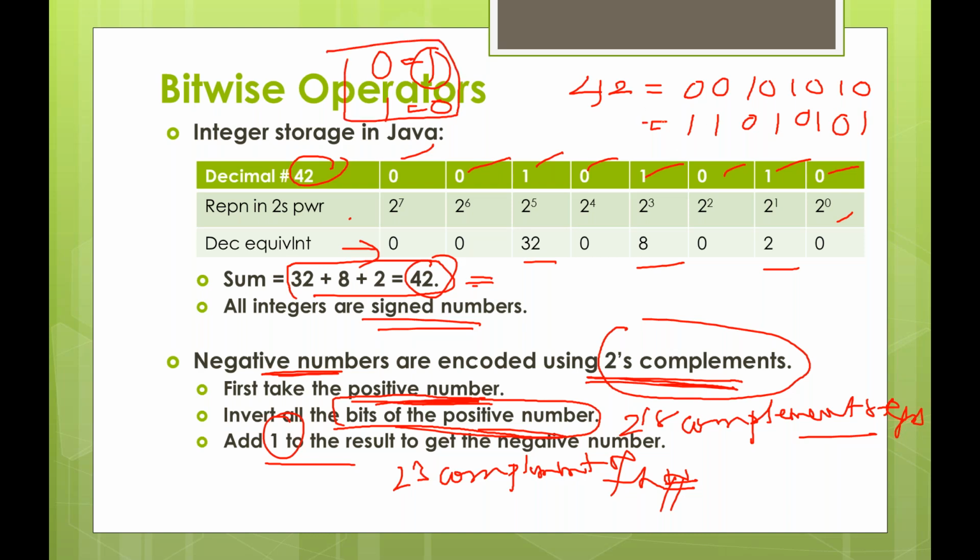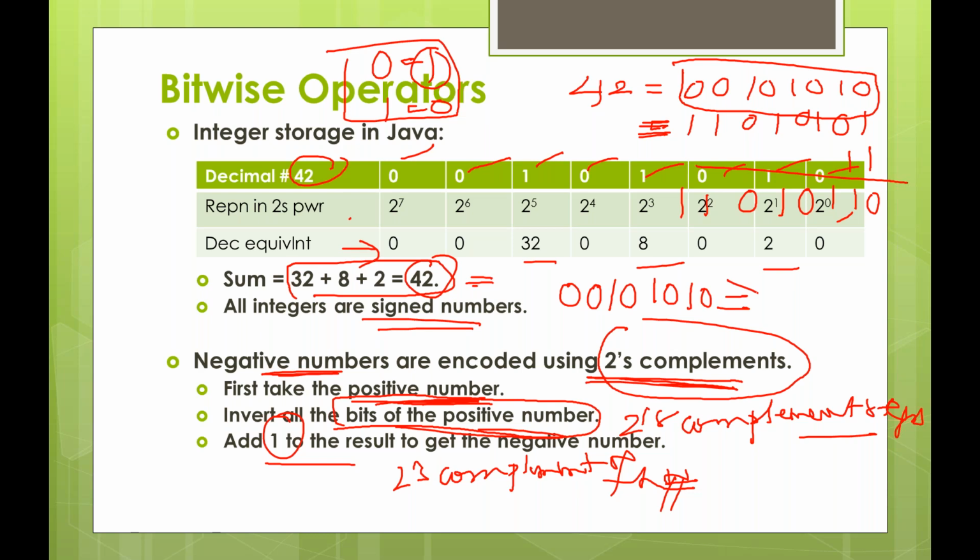So this is not the 2's complement. We have to add 1 to the result. So 1 plus 1 is 0, and we carry over 1. So we get 1 1 0 1 0 1 1 0. So the 2's complement of 0 0 1 0 1 0 1 0 is 1 1 0 1 0 1 1 0.